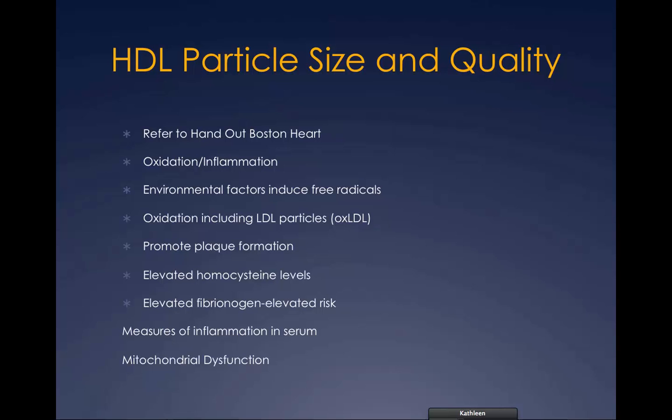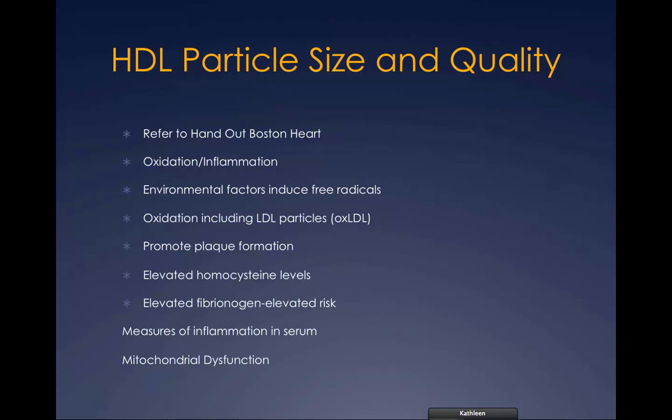So HDL particle size and quantity. When we look at the Boston Heart, which is going to show you the homocysteine levels, the other markers that are used to determine who's at risk, especially individuals that don't meet the criteria for statins, but you draw some of these bloods and it shows their lipid ratios, they're at an increased risk based on APOA1 levels, and these are levels in the HDL particles.